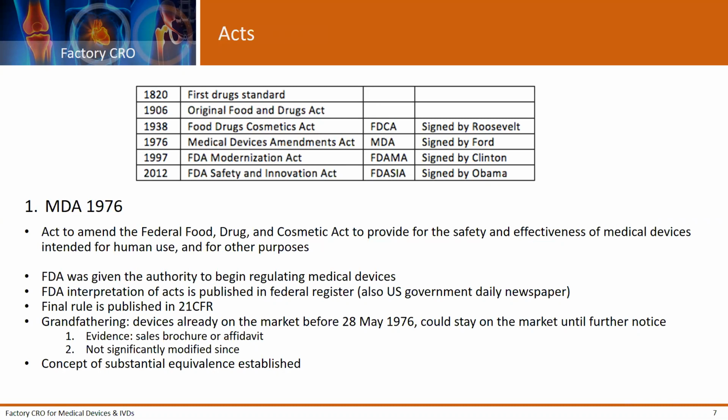And that was basically the first time that the FDA was given the authority to begin regulating medical devices. The interpretation of these acts is published in the Federal Register, and the final rule is published in the CFR.